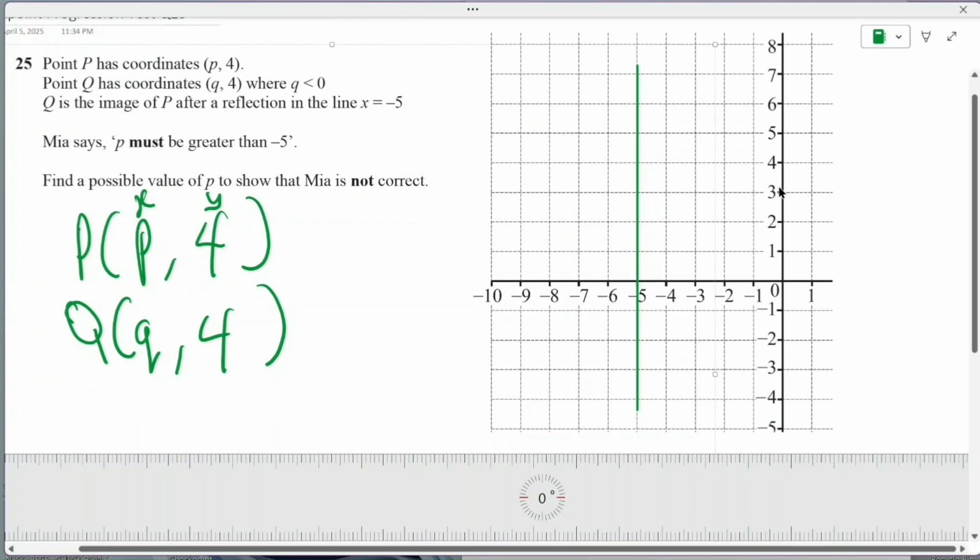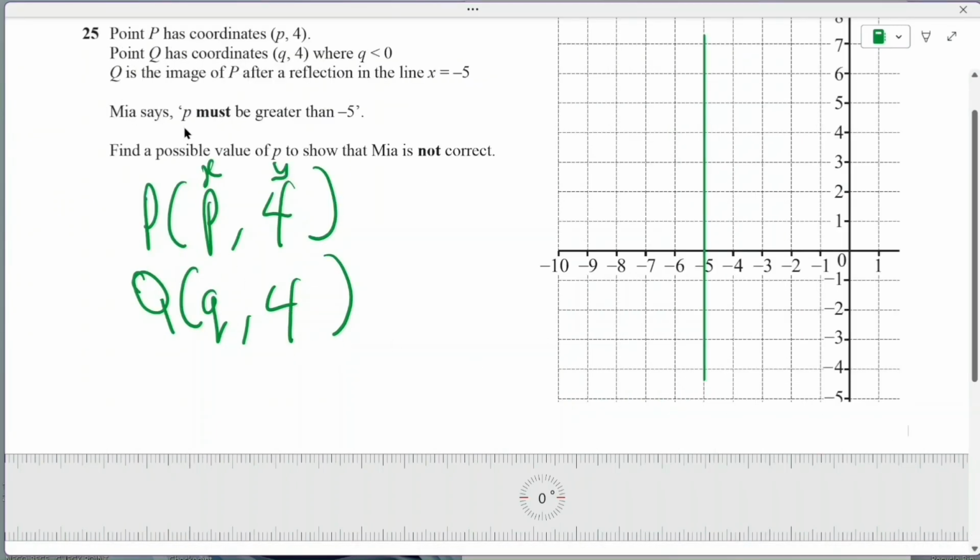The y coordinates of both P and Q being equal means that they both lie on the line y is 4. That means P and Q are on this line, where Q is reflecting P, and reflection means they are the same distance on opposite sides of the line of reflection.